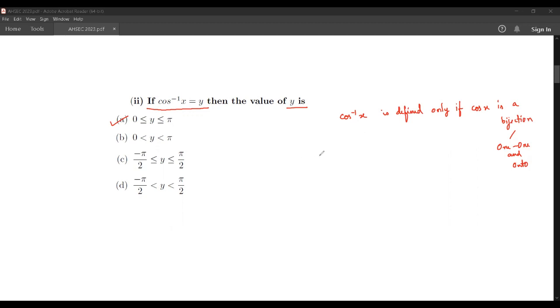And if you look at the figure for cos of x, the trigonometric function, cos of x graph, if I want to draw it, how will it look? So at cos of 0, it will attain the value 1.